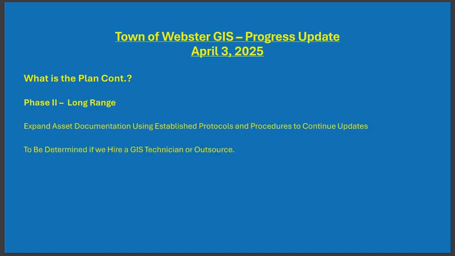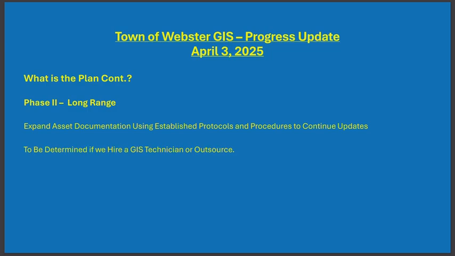And then finally, phase 2 is sort of the long range, the long out into the future. At this point, we're going to have a GIS base by the time we get to this phase that we feel comfortable in. We actually will feel comfortable enough to make it available to the public for their use, which is a large goal of ours.